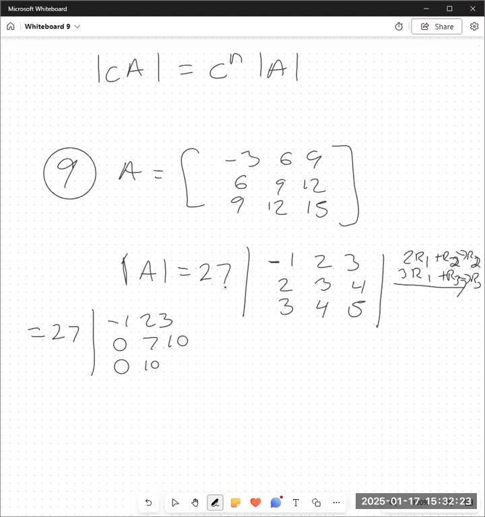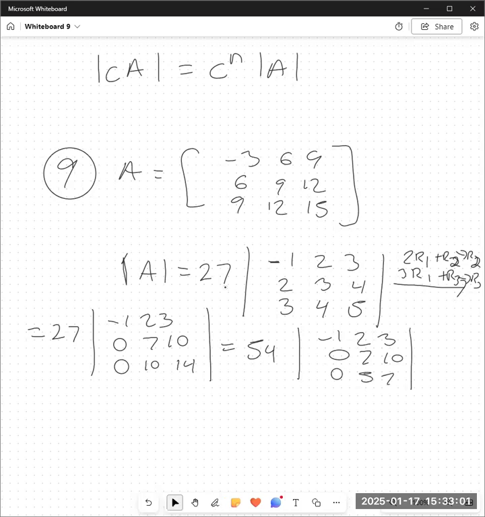This is 14. Then let's pull out this 2, so that's 54. I mean, I can go at it from here now that I've got the zeros there.